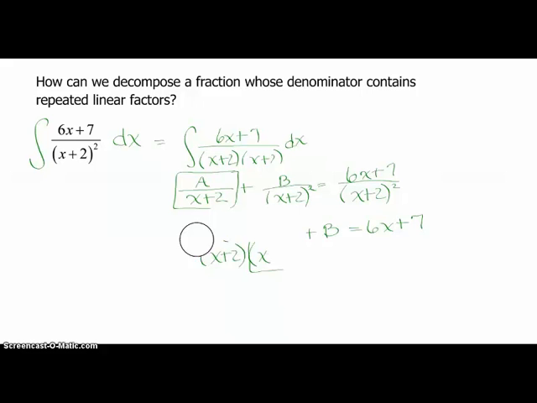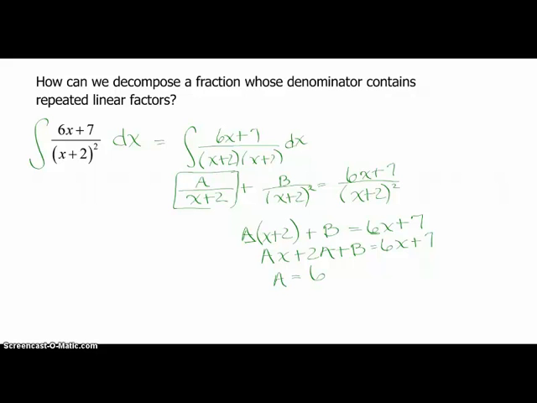I'll rewrite this term because we do have a times the quantity x plus 2 here. Well, it's going to be pretty easy for us to see a is going to have to equal 6 because it's the only x term over here. This would be a case where I think I would just go ahead and distribute, because you're not going to wind up with systems of equations here.